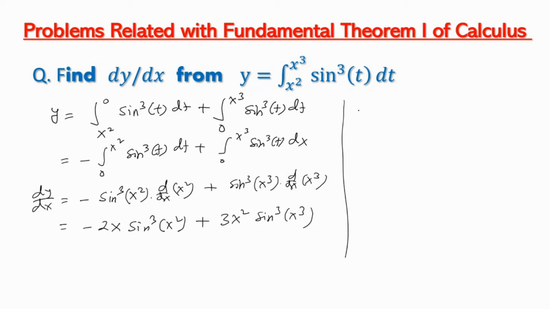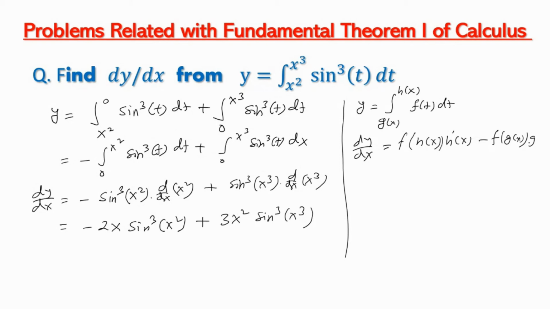This method can be summarized as, whenever you have, say, y is equal to the integral from g(x) to h(x) of f of t dt, then dy/dx we can have f of h(x) h dash x minus f of g(x) g dash x.